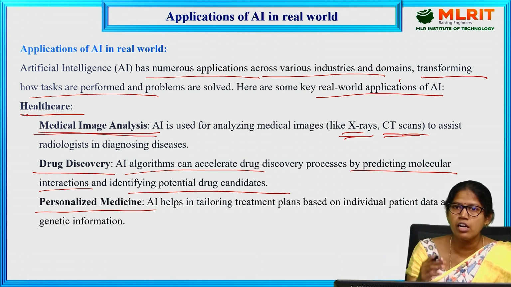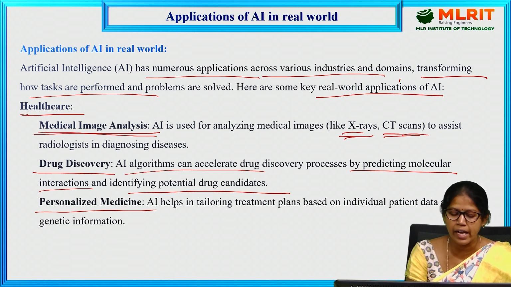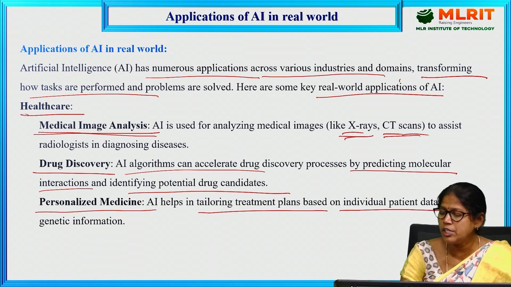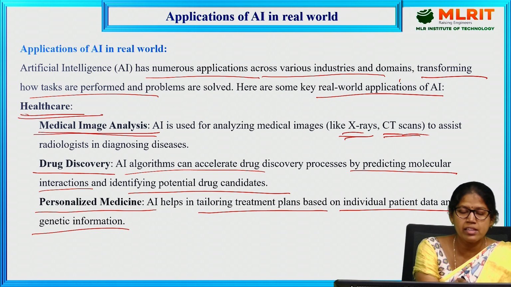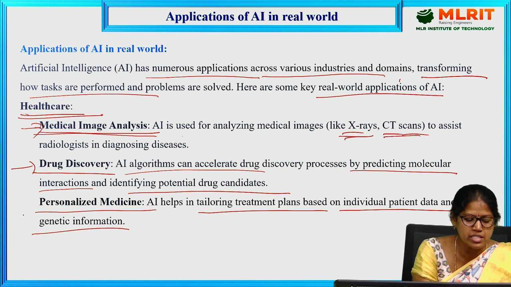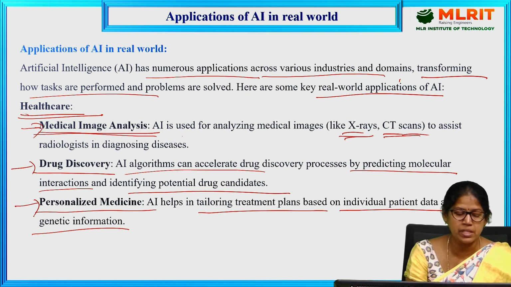So AI will observe a person's body and suggest the medicine or the diet. AI helps in tailoring treatment plans based on individual patient data and genetic information. It will observe all the genetic information and patient data, then suggest the medicine. So in healthcare, AI is involved in medical image analysis, drug discovery and personalized medicine.